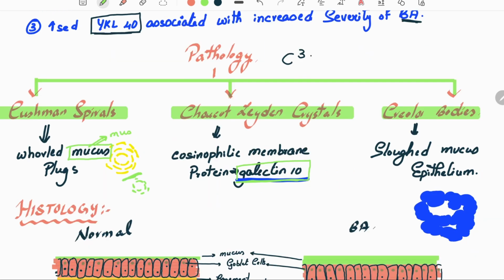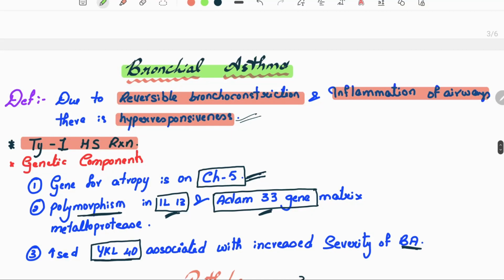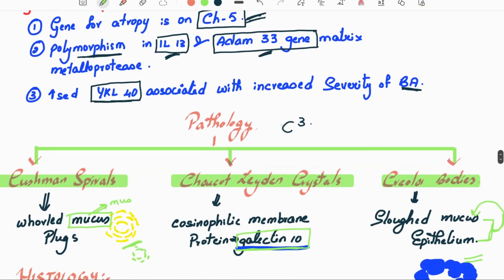And the next one is Creola bodies. These are nothing but sloughed mucous epithelium. The epithelium is filled with mucus. This is the appearance of Creola bodies. So please remember, in the pathology of bronchial asthma you will observe three C's.